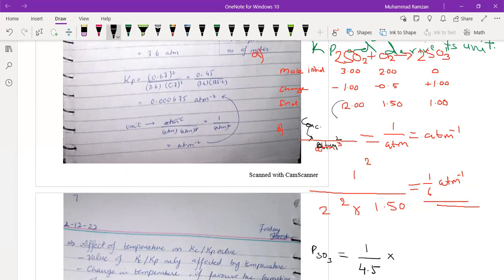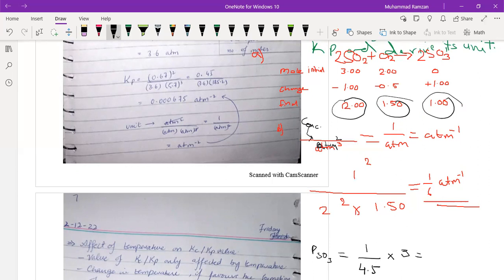These are the moles of SO2 at dynamic equilibrium, this is of O2, and that is for SO3. You add up these three, 2 plus 1.5 plus 1. Does it come 4.5? To multiply, total pressure is 3.